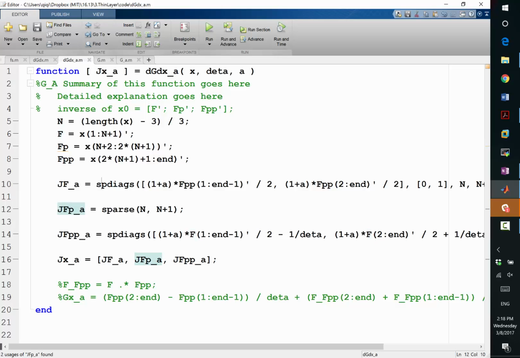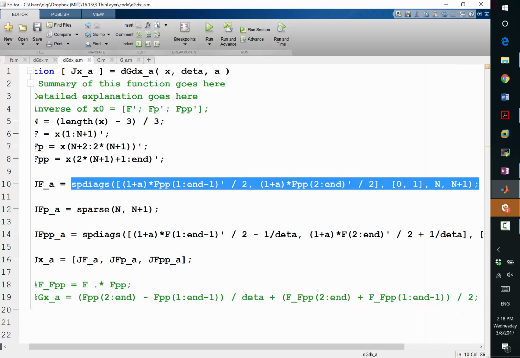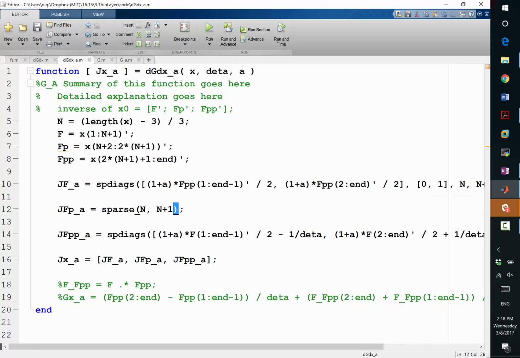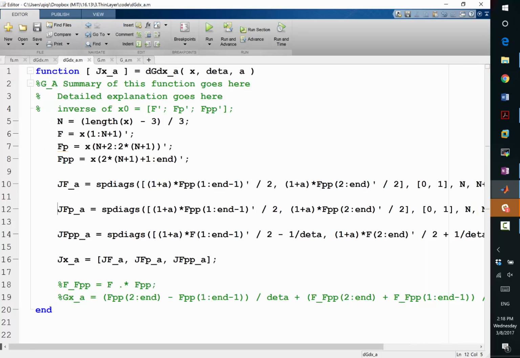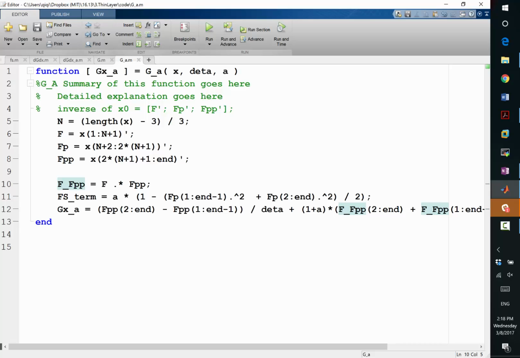So let's copy our construction here. It's still going to be bidiagonal. Let's copy the construction here, and we don't have the 1 plus A anymore. But we have a minus A times, because we have A times and it's a minus sign.